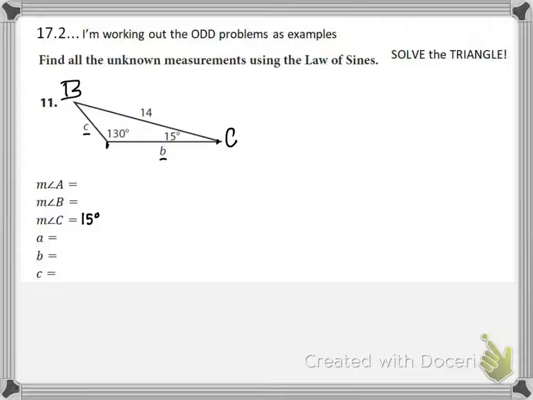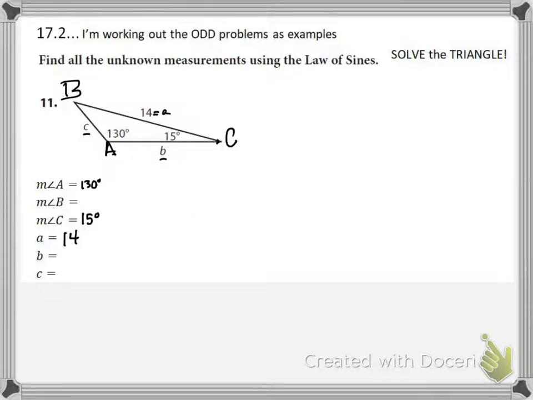And then I have one more angle to deal with and one more side to deal with. I'm going to just go ahead and use A, say angle A 130 degrees. And opposite from that has to be lowercase a, 14. Okay. Do I know two angles? Yes, I do.